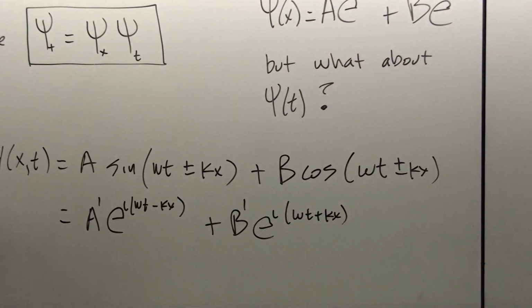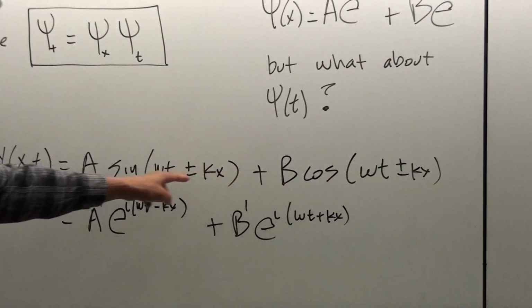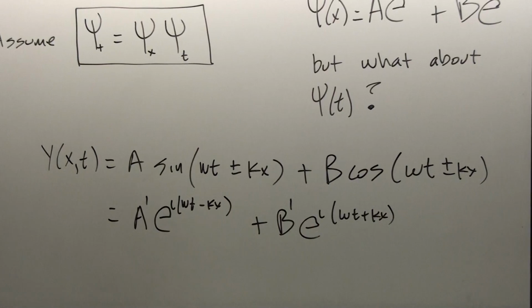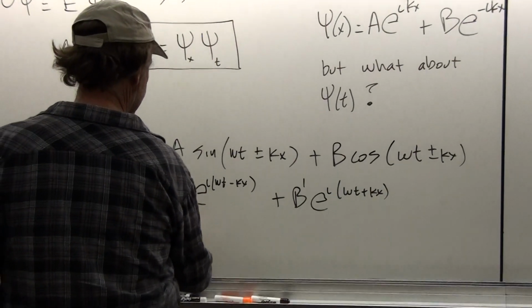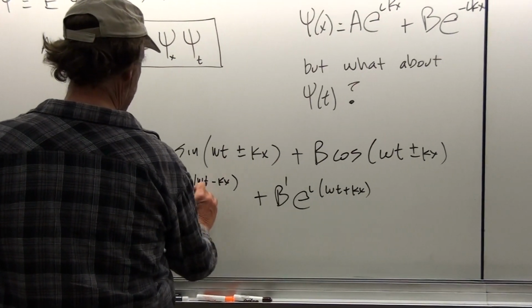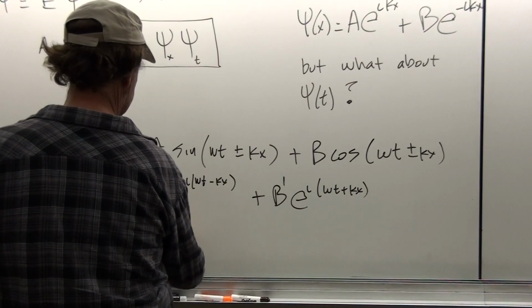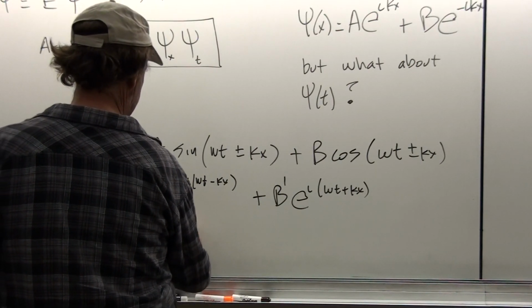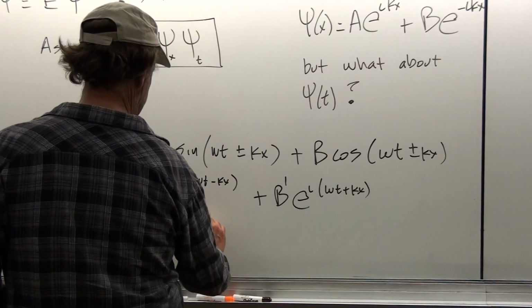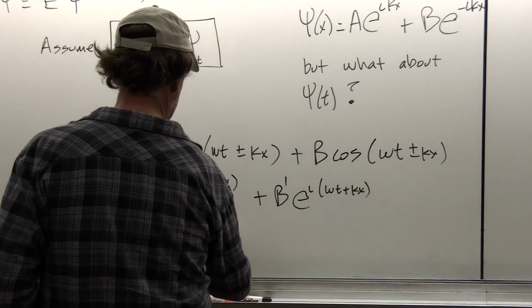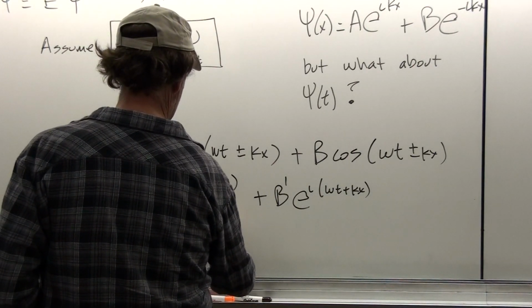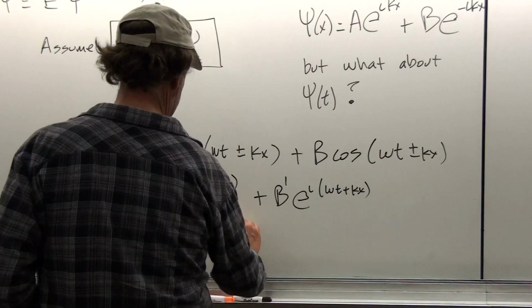And so that can be shown to be equivalent to these two solutions. But we can rewrite this expression as a product of two functions. So this looks like A prime e to the i omega t times e to the minus i kx.